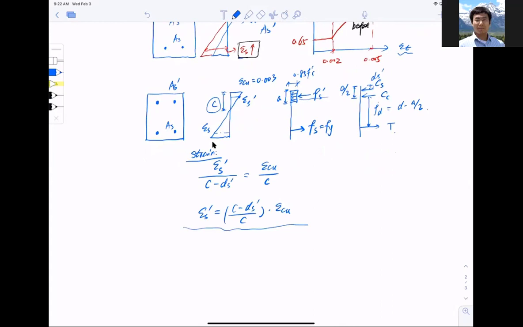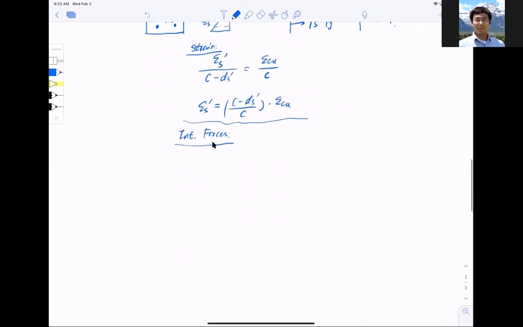All right, now let's talk about internal forces. In addition to the concrete, where we know CC equals 0.85 F prime C times beta 1 C. Now, you may see this for the first time, but beta 1 C equals A, multiplied by the width B. That is for concrete.